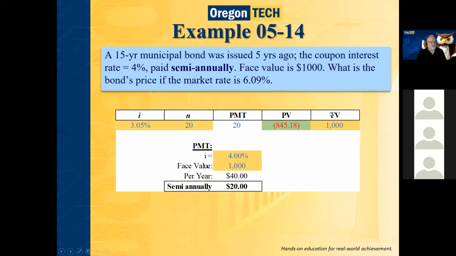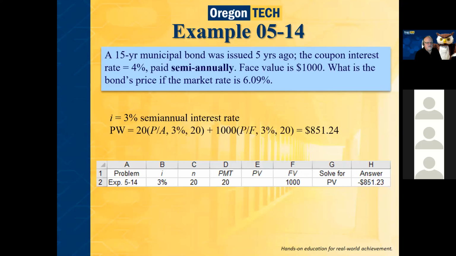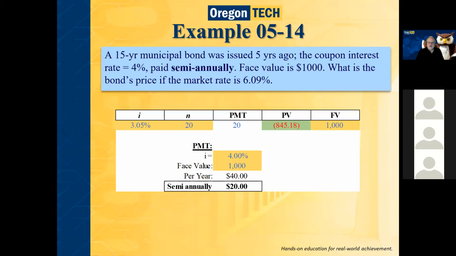You have a future value of $1,000, meaning when it matures, you get $1,000. You have 20 payments of $20. That gives you the present value. The amount you'd be willing to pay for that bond today is $845 versus their, say, $851. The difference between $851 and my $845 is rounding. Mine's exact, theirs is estimated.